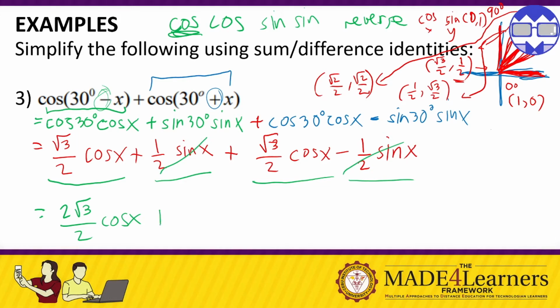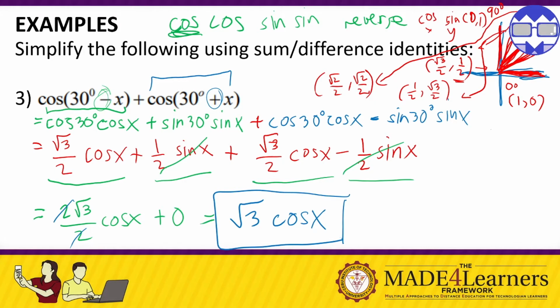Okay, so plus 0. This will give us, further, cancel 2 over 2. So the final answer would be square root of 3 cos x. And this will be the final answer. So from this, we have now this square root of 3 cos x.